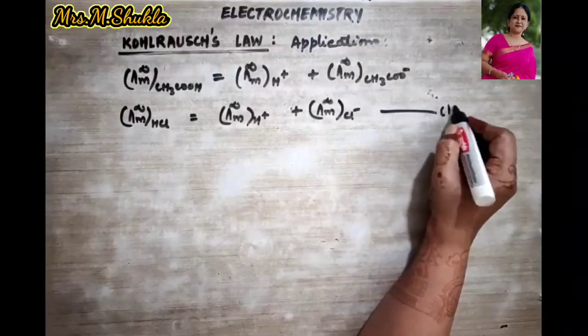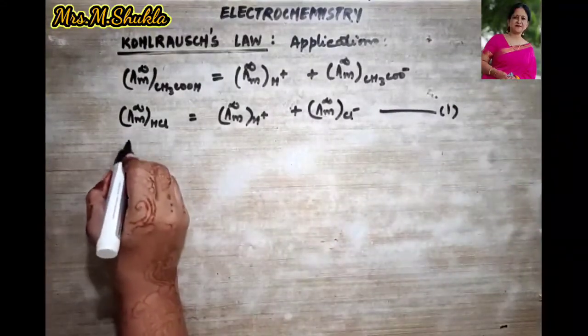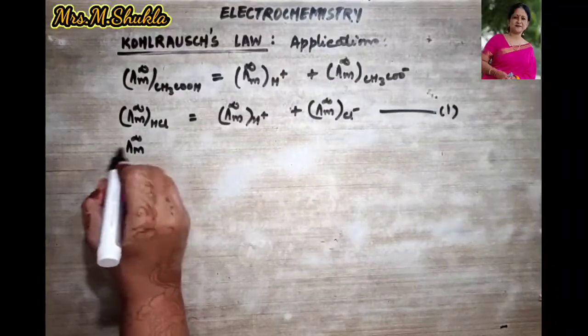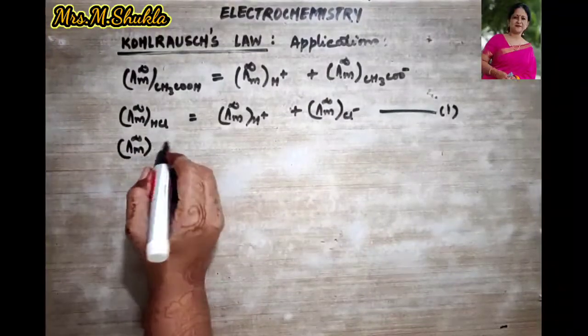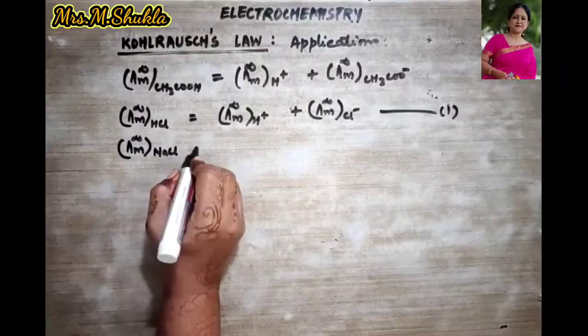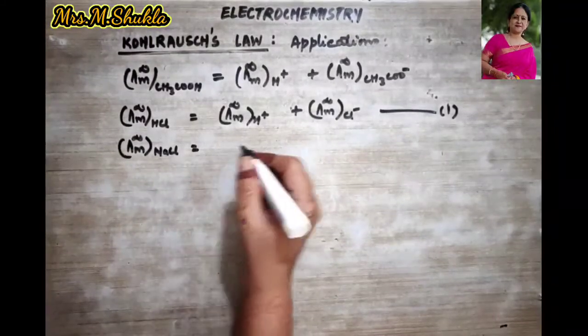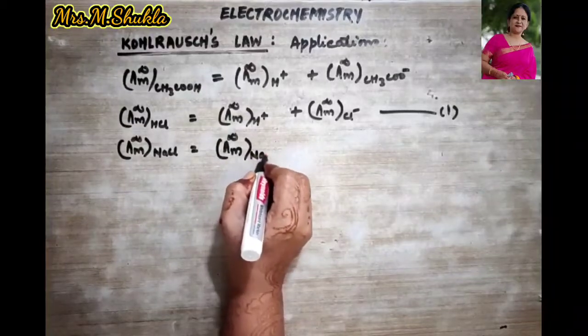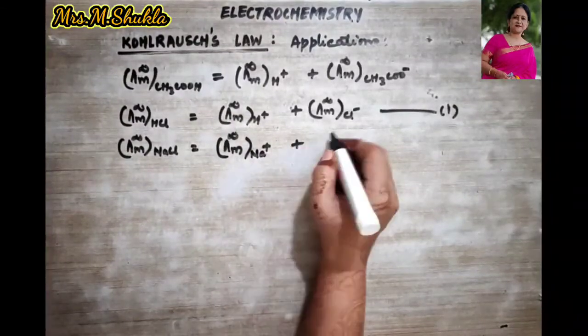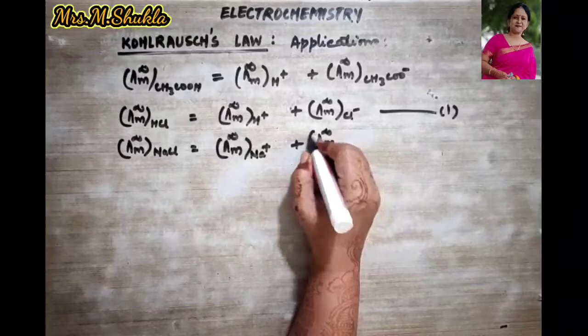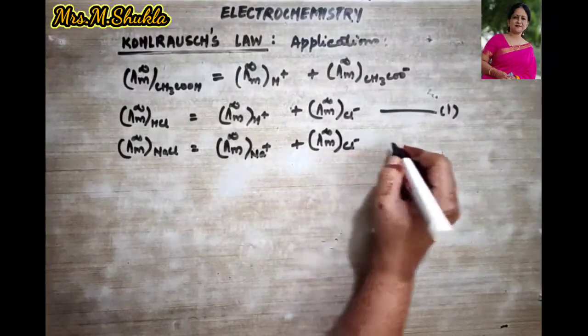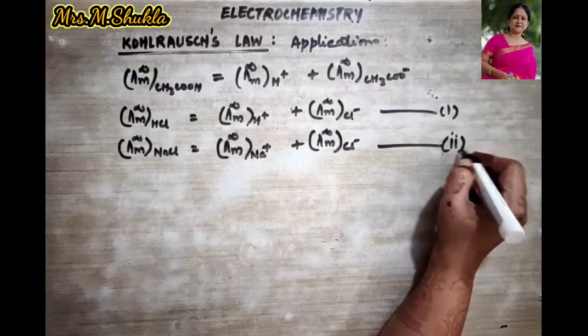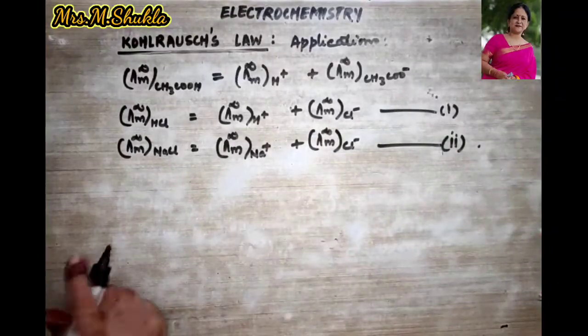Okay, this is my first equation. Then the molar conductivity of NaCl in infinite dilution is equal to the molar conductivity of sodium ion in infinite dilution plus the molar conductivity of chloride ion in infinite dilution. This is the second equation.